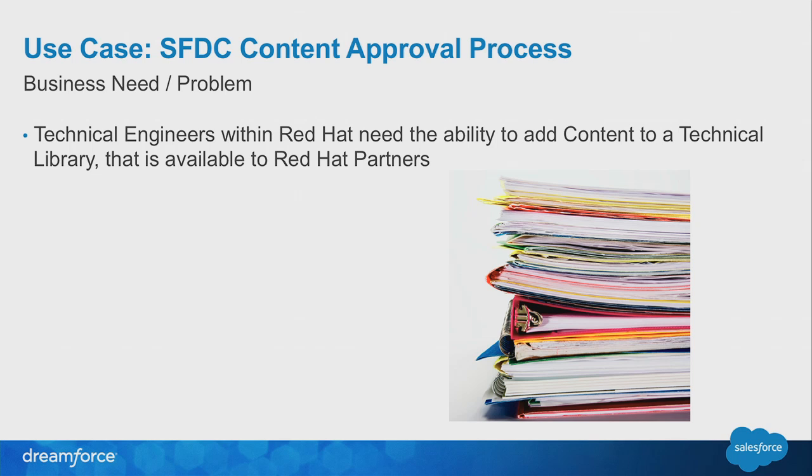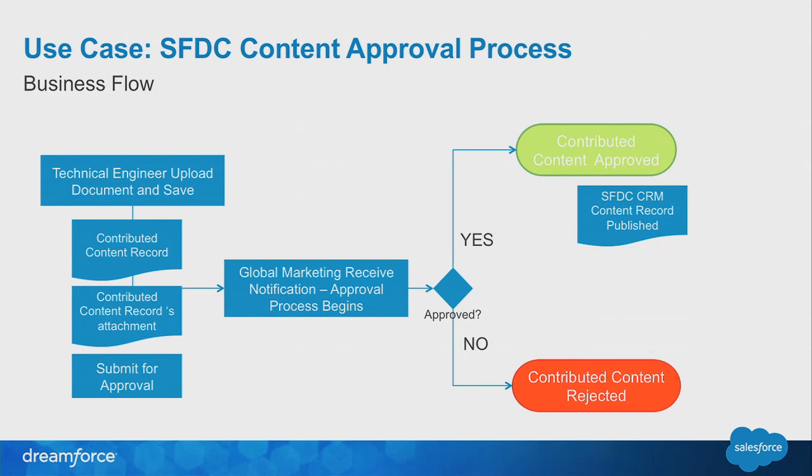In this case, global marketing is the user that has the ability to do this at the moment. So our solution, our flow, was that we needed to have a stage object that our technical engineers will use to upload documents.